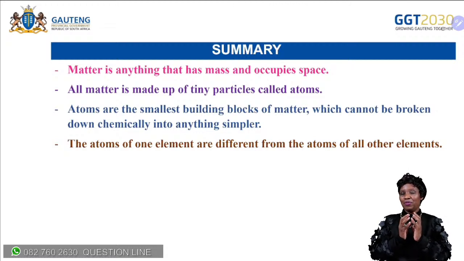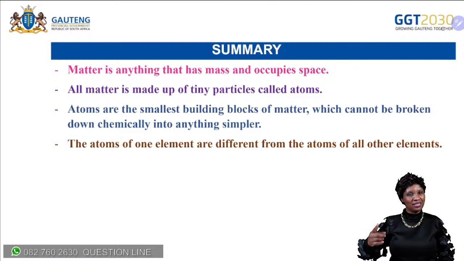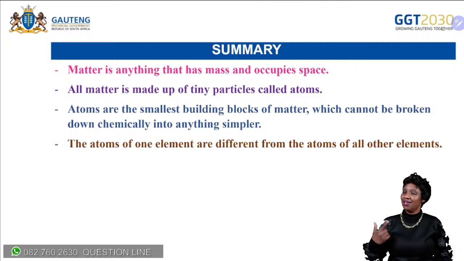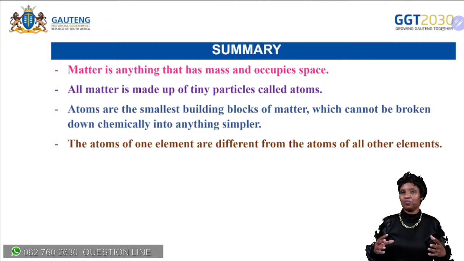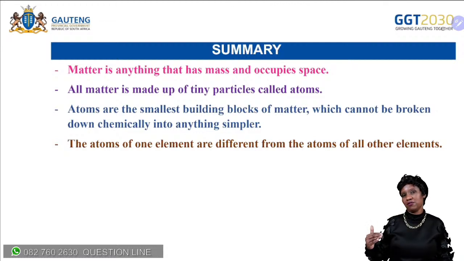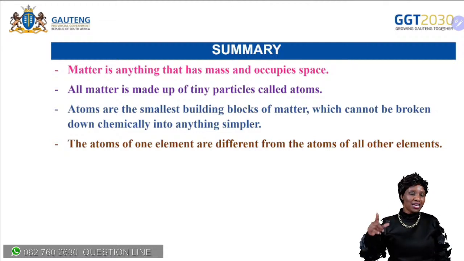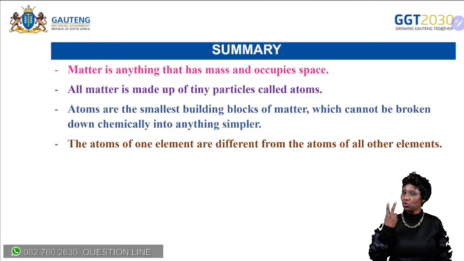Do you get that? And then what is orbiting around the nucleus are the electrons. They are negatively charged. And then in the structure of an atom, we've got different energy levels. For example, the first energy level holds up to 2 electrons.